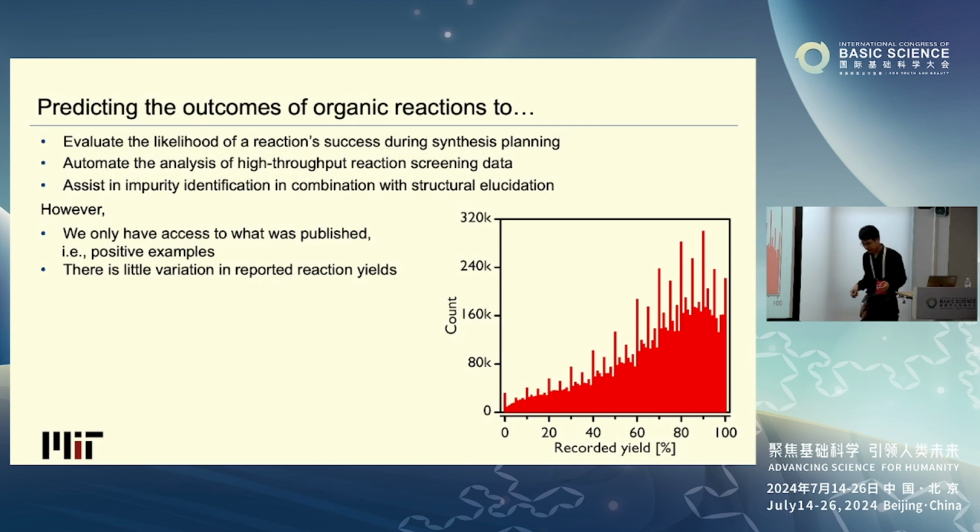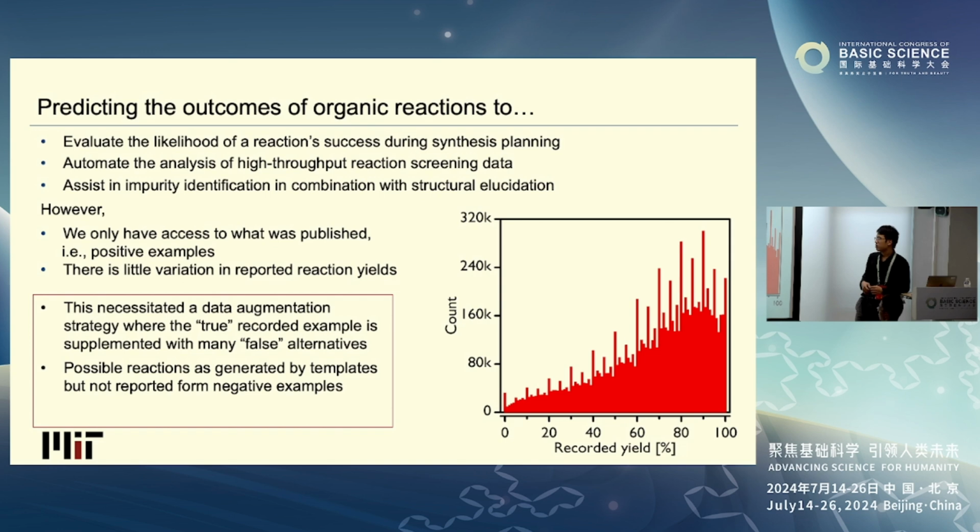There are actually a lot of failed examples, but the practice in this area is that people tend not to record or publish them. So we need to do some data augmentation to create some negative reaction data so that we can do either classification or ranking to try to predict the right reaction outcome.